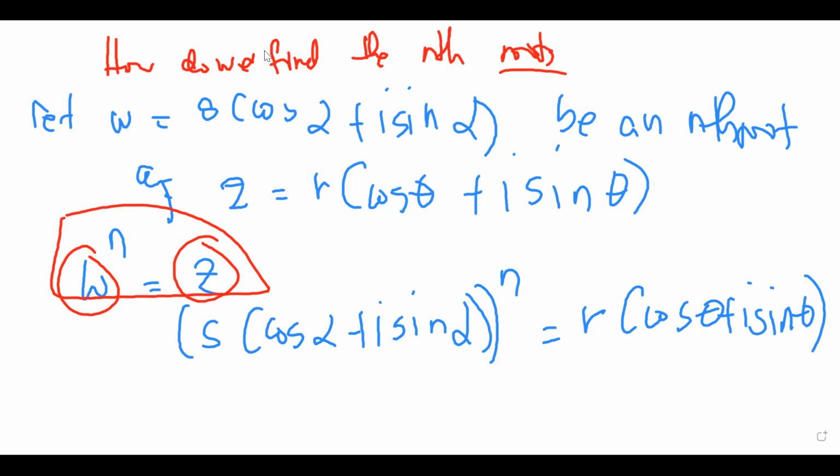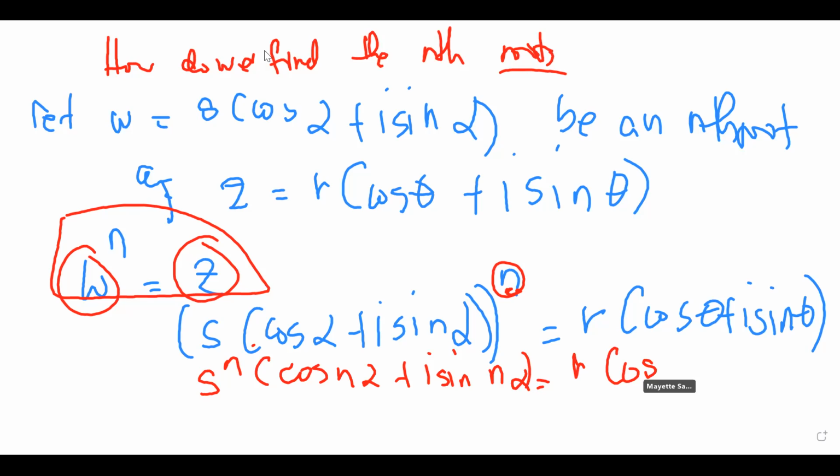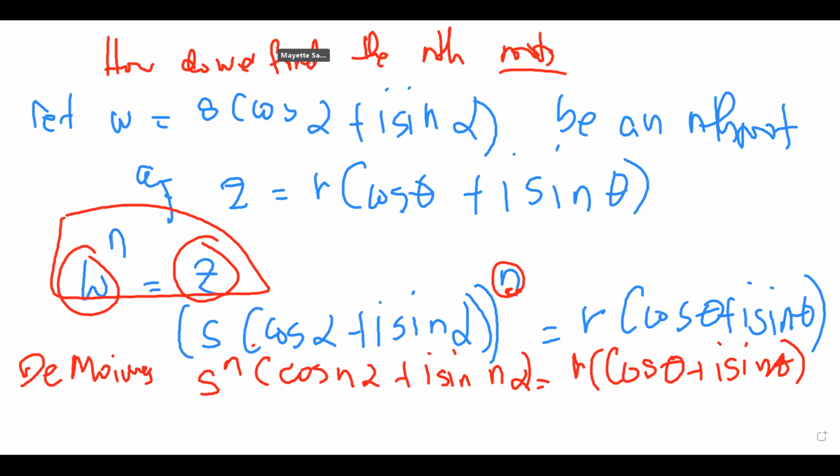By De Moivre's theorem, we know that this n can be written as s^n, and this will be cos nα + i sin nα, equal to r(cos θ + i sin θ). So this is applying De Moivre's theorem.